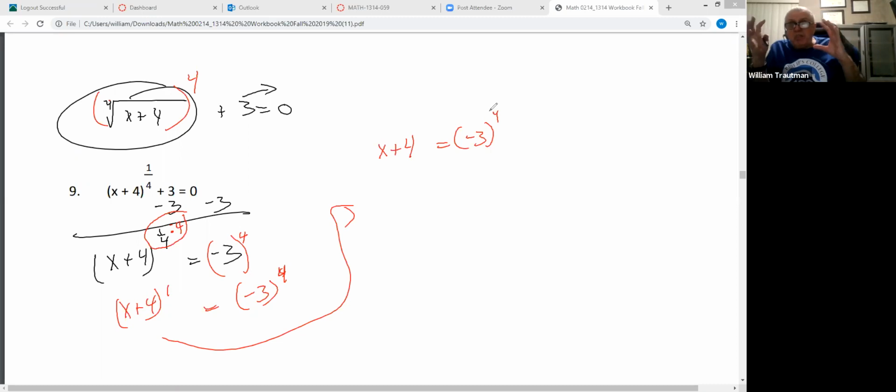And that negative 3, even though it's not in the parentheses here, when you raise it to a power, you have to put that whole side in parentheses, the whole side to the power. If you put this in your calculator with parentheses, 3 times 3 is 9, times 3 is 27, times 3 is 81. You get a positive 81.